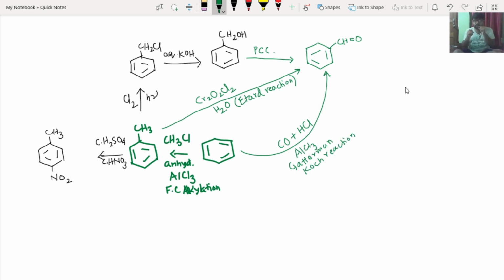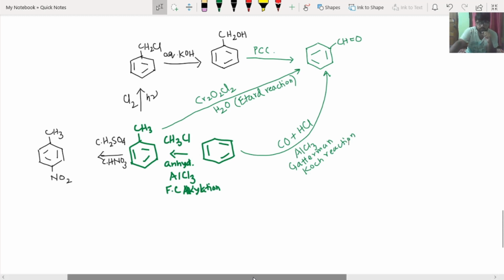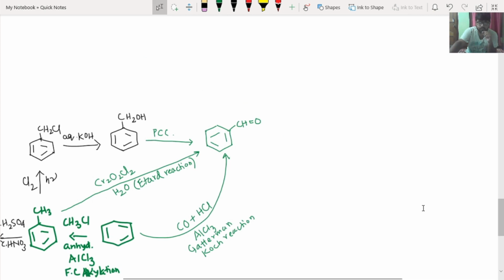Now let's try to learn some more organic reactions. That is benzaldehyde. Now we can perform so many things with this benzaldehyde. See, this is benzaldehyde.